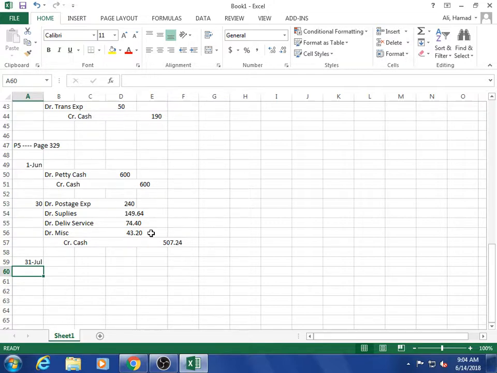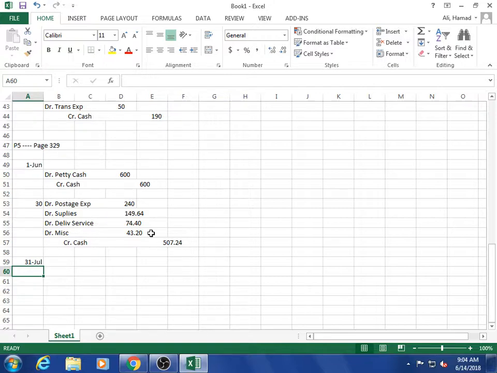And the sheets on hand were the postage, the supplies, and the delivery service. The petty cash custodian could not account for the shortage of $16.28. So that shortage is against them, since it was written to replenish, so we'll debit that.